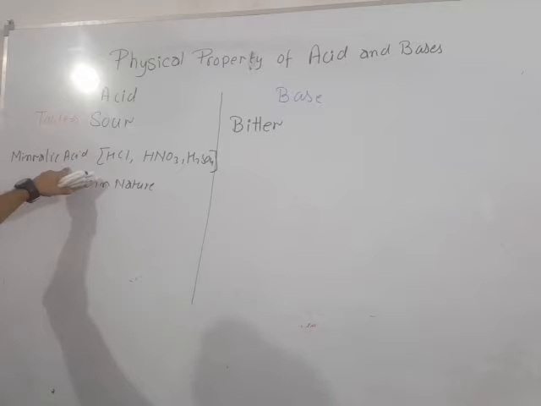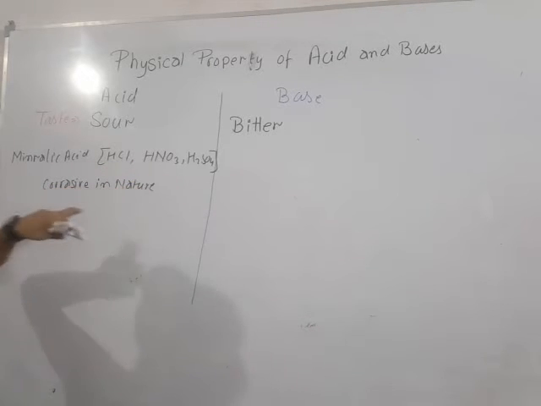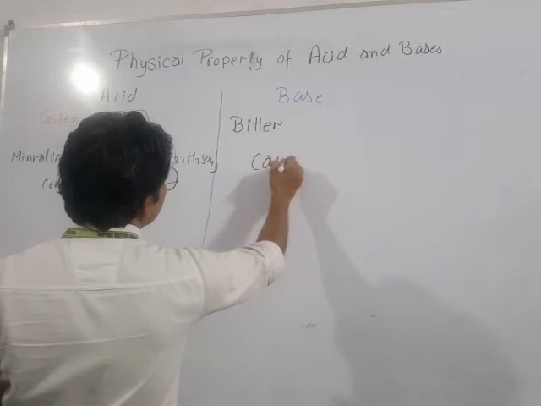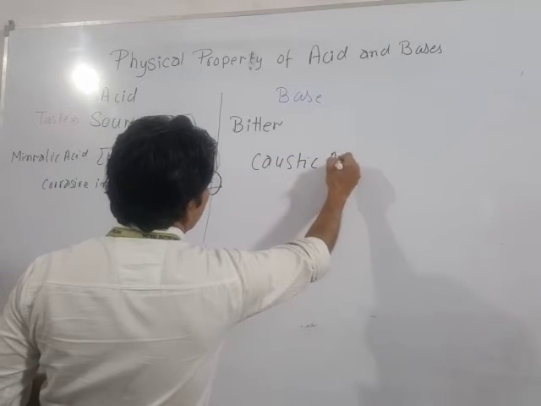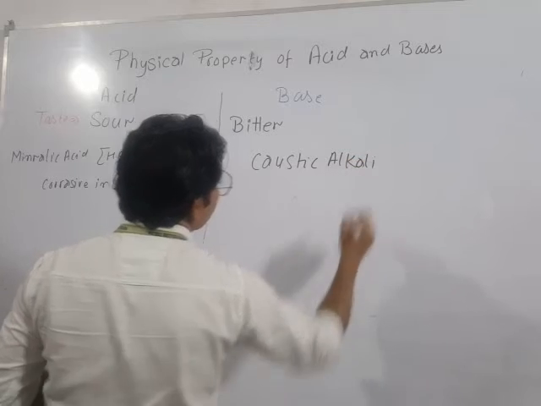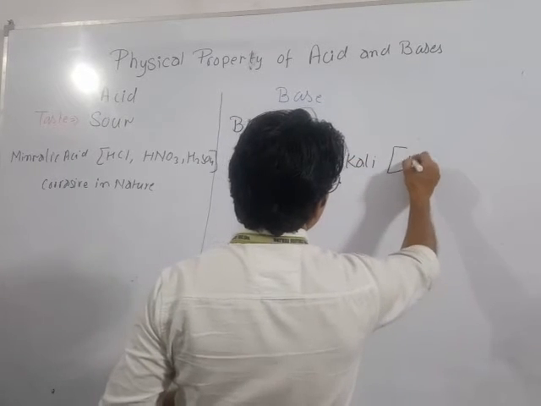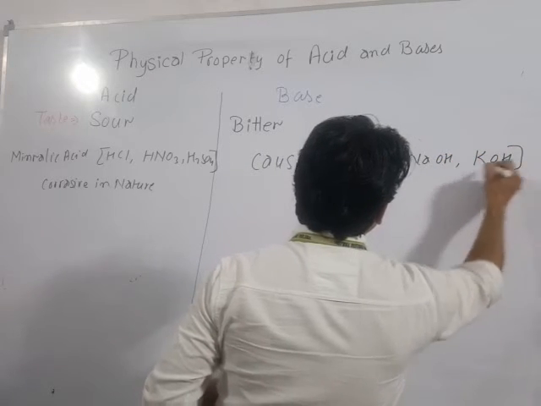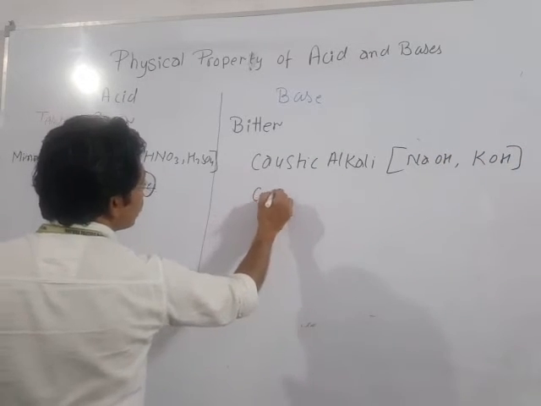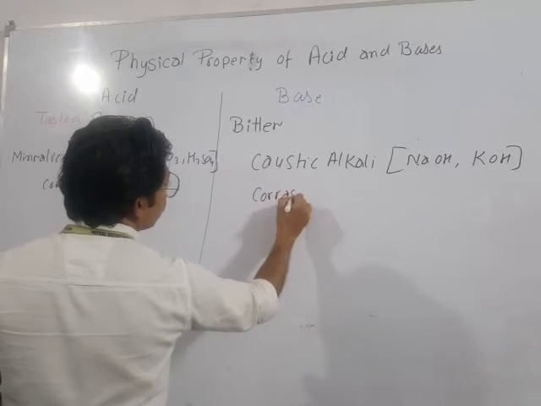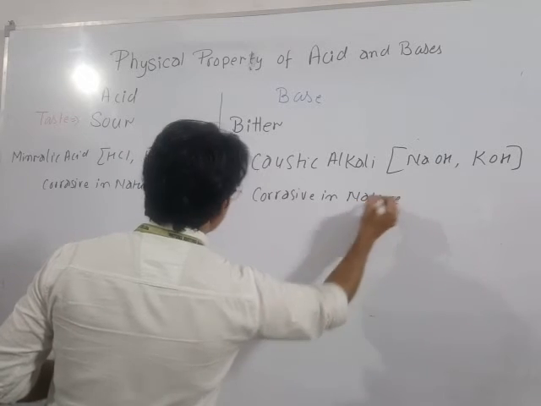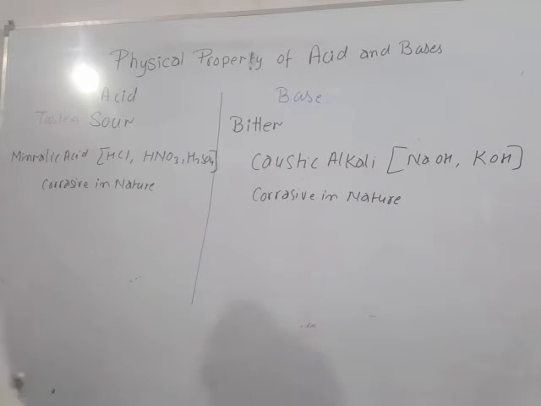So mineral acids like HCl, nitric acid and H2SO4 are corrosive in nature. And here caustic alkali, like NaOH and KOH, these are corrosive in nature. Yes or no? Okay.